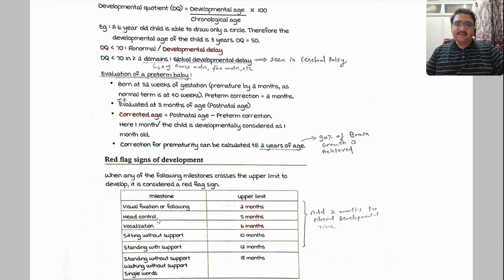Then head control normally occurs at 3 months. You add 2, you get 5 months. This is the red flag. Then vocalization is normally at 3 months. You add 2 to get 6 months. Then sitting without support.